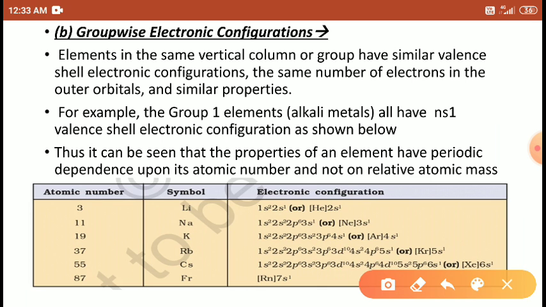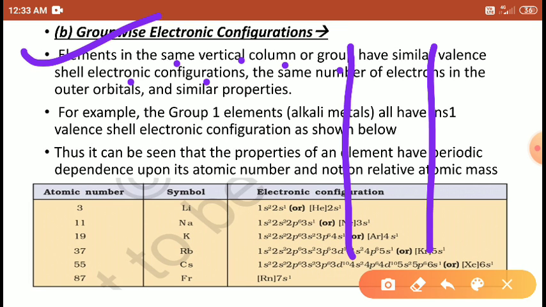So the topic is group-wise electronic configuration. The elements in the same vertical column or group have a similar valence electronic configuration, the same number of electrons in the outer orbital, and similar properties. All the elements belonging to the same group, or the same column, have the same outermost valence shell electrons.